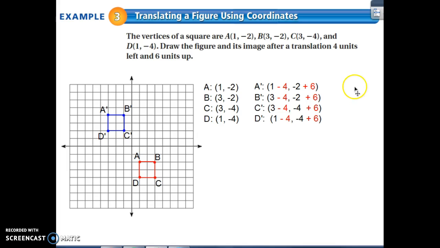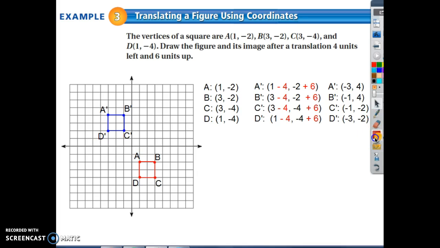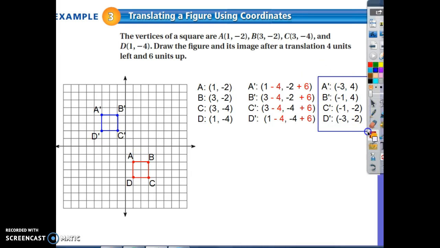So then, my final coordinates would be A prime is negative 3, 4, B prime is negative 1, 4, C prime is negative 1, negative 2, and D prime is negative 3, negative 2. And if you plot all of these 4, you should end up with the same square that I have drawn in my coordinate plane. So my final answer would be these 4 coordinates here to the right.